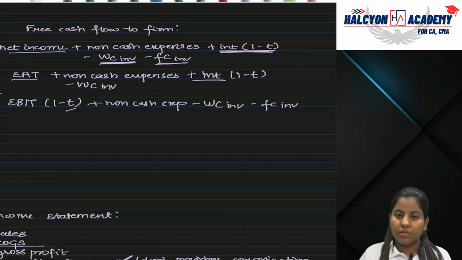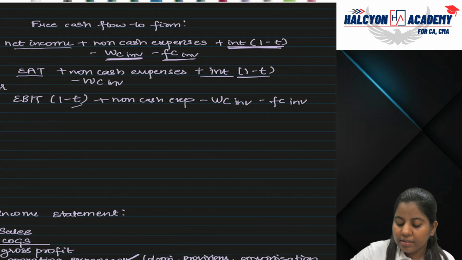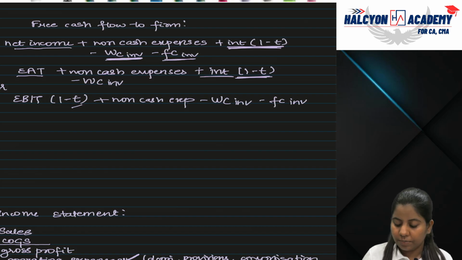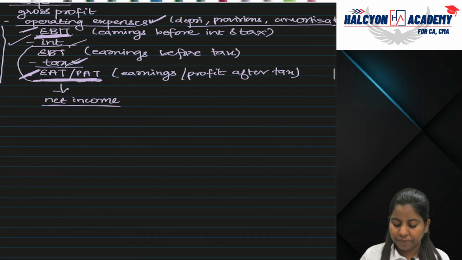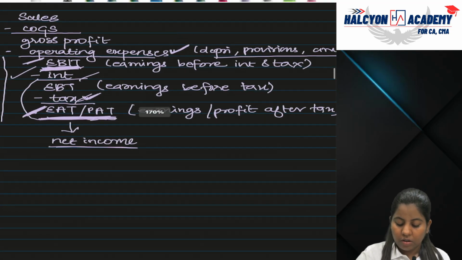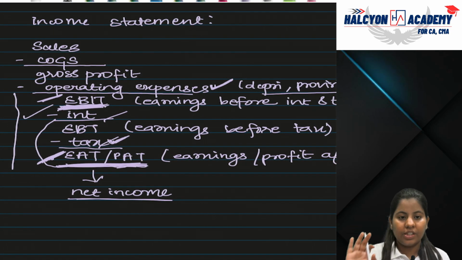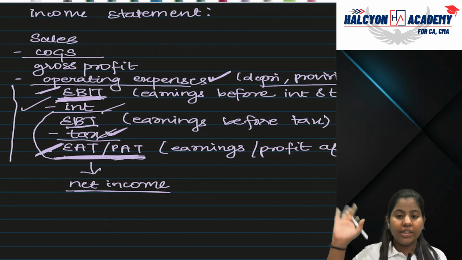Now one more thing. I told you that I will tell you why interest is net of tax. See, from EBIT, we deduct interest first. Then we come to EBT, earnings before tax, in which interest is already deducted.